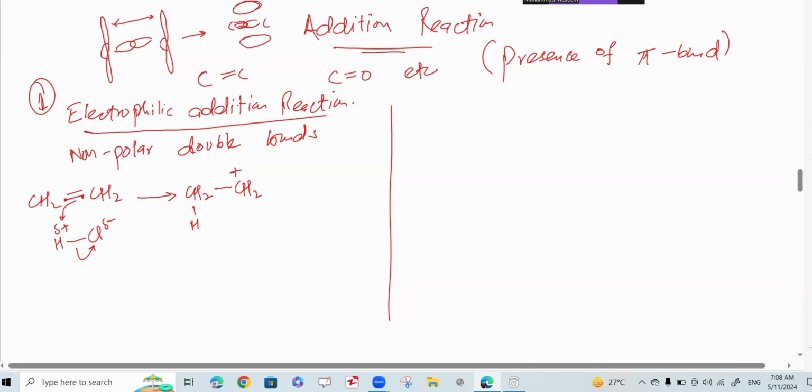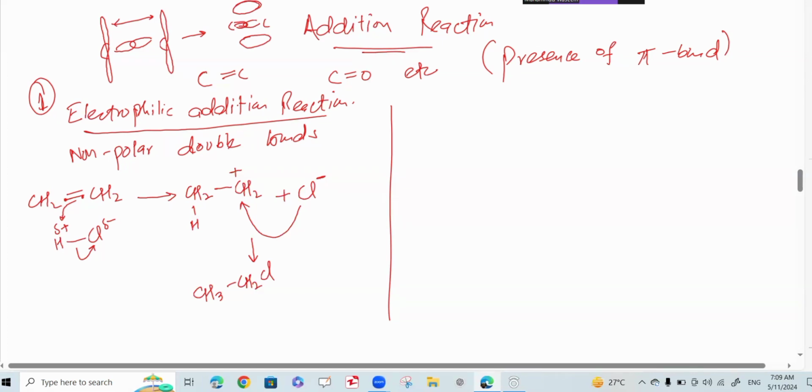Now next step, this chlorine which was released as the leaving group has a negative charge, so now it will attack on this, and in this way it will also get bonded with it, and you will find that it will be CH3, simply we call it CH3, and CH2Cl, chloroethane or ethyl chloride, its name will be.